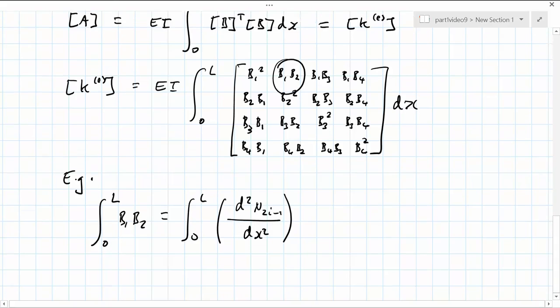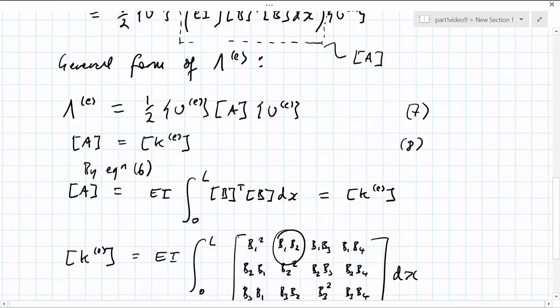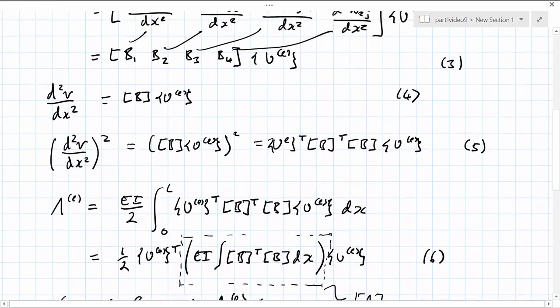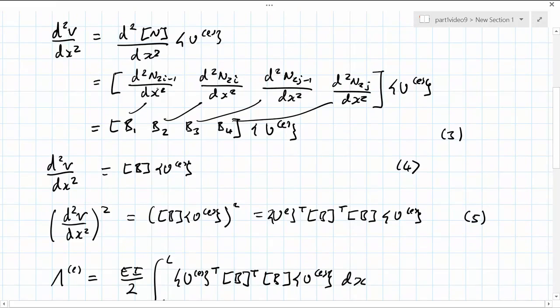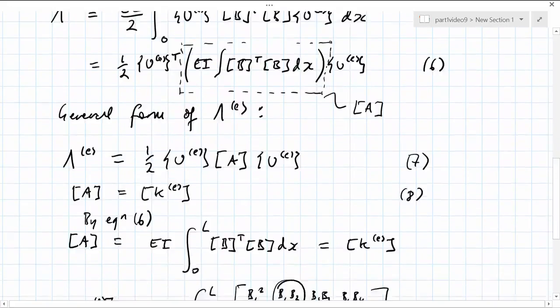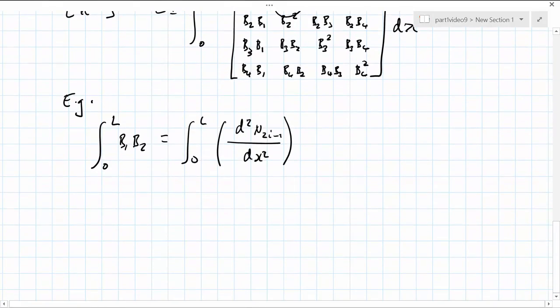We can see that b1, as we showed earlier, is d2 n2i minus 1 by dx squared, and our second term b2 is d2 n2i by dx squared, all integrated with respect to dx.